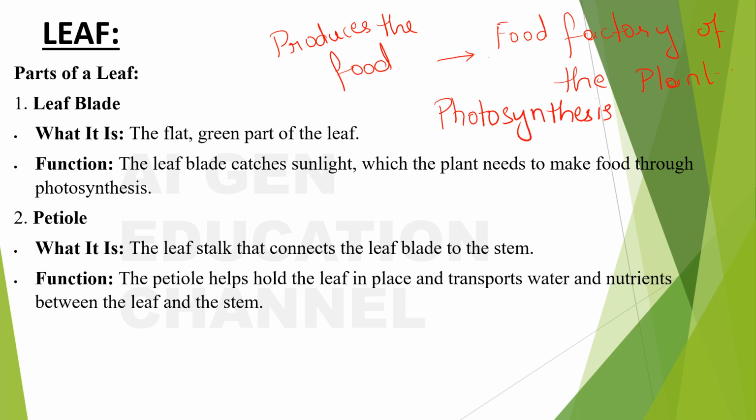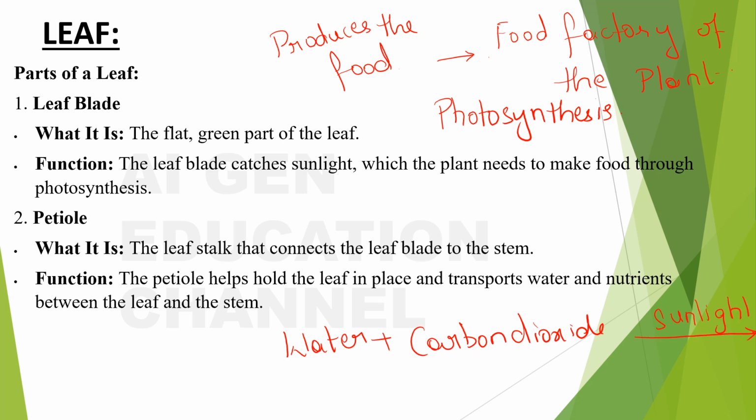And what happens in photosynthesis? Just to give a brief: what does the leaf need? Leaf needs water and carbon dioxide, in the presence of sunlight and chlorophyll.